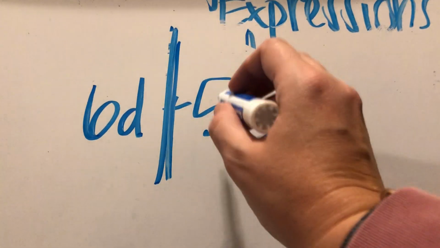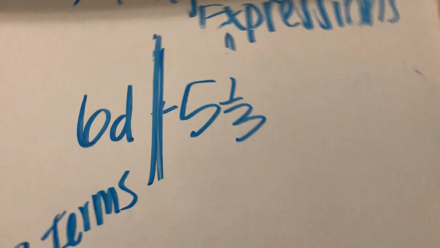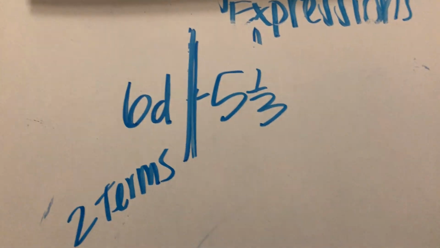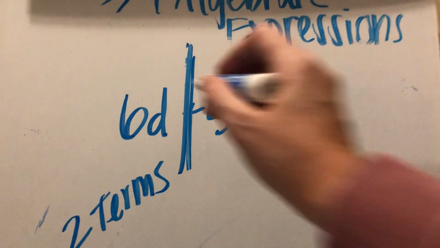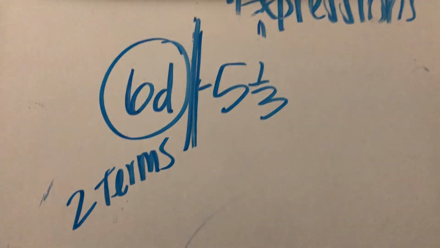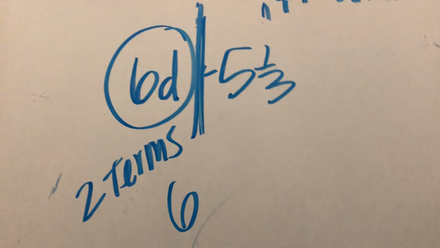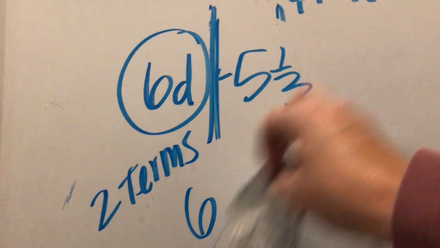So there are 1 and 2 terms for this problem. Now the second part is what number is the coefficient? Remember, this is the number that's multiplied together with the variable. Here is our variable. In this problem, our coefficient would be 6 because that is the number that is multiplied together with our variable.